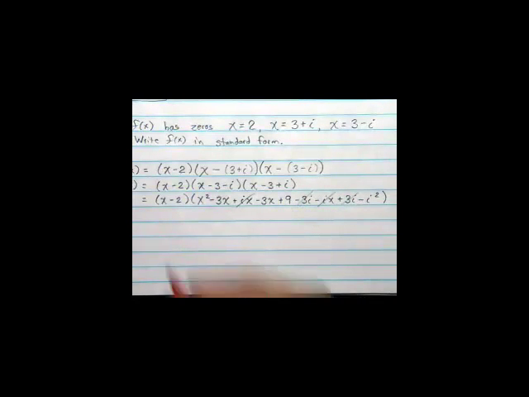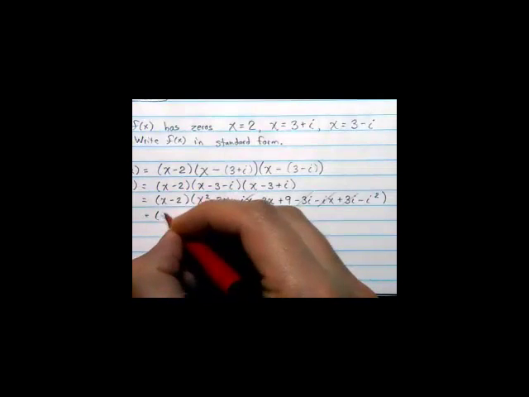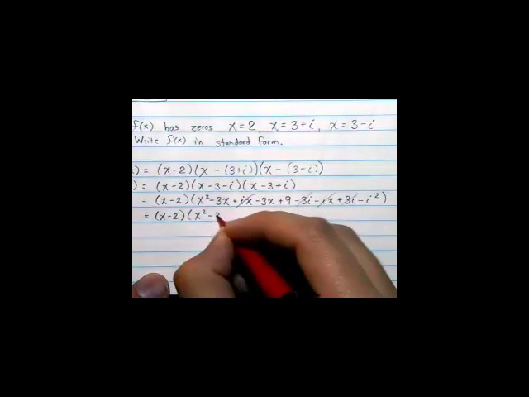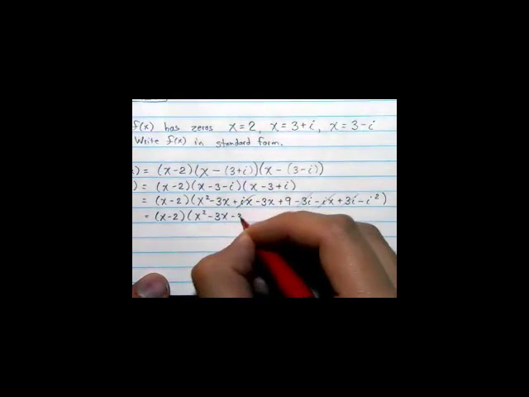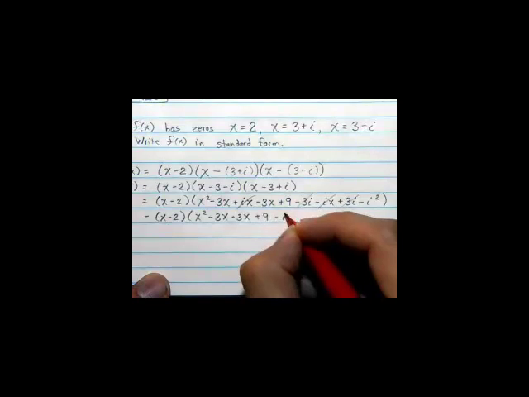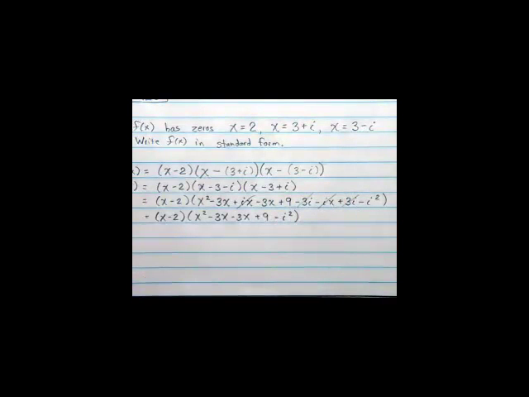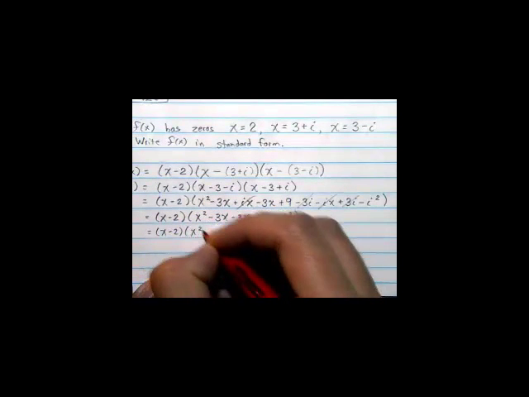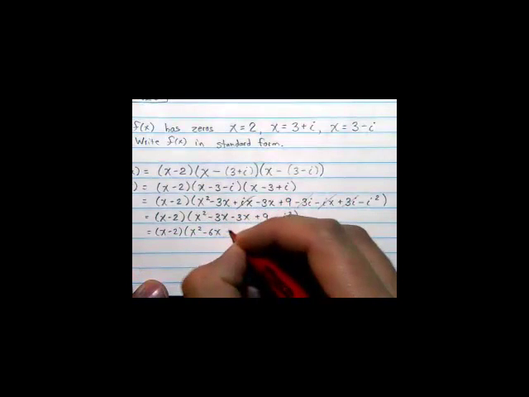All that's gone. So we've got x squared minus 3x plus 9 minus i squared. Broken down to that. The 3x's can go together, so x squared minus 6x plus 9.